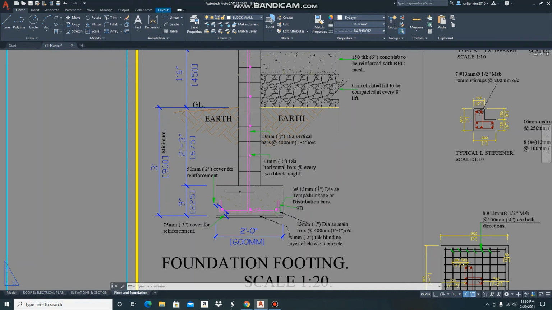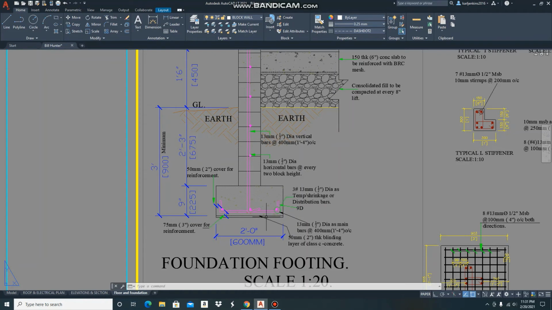Therefore, your thickness of your wall footing, as it shows here, is 9 inches. And that 9 inches is obtained from multiplying your 6 inches thick wall by 1.5. So 1.5 times 6 inches, you're going to get 9 inches.